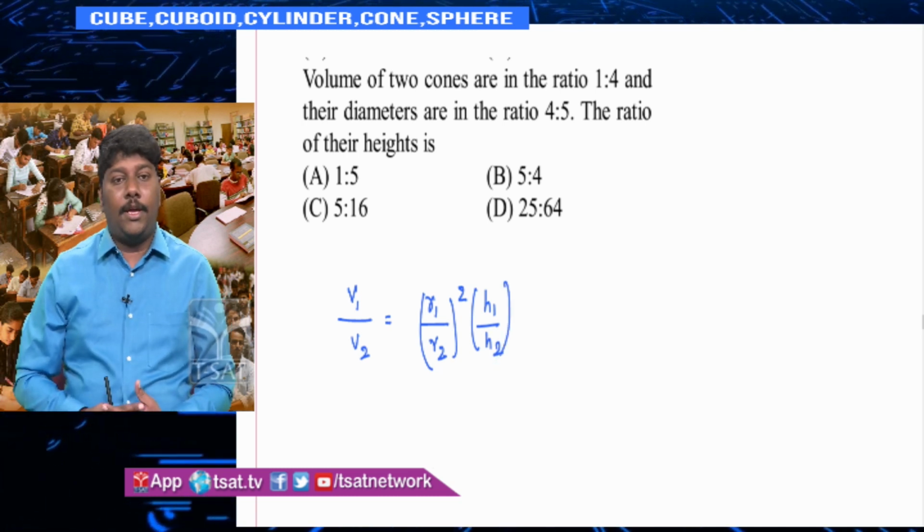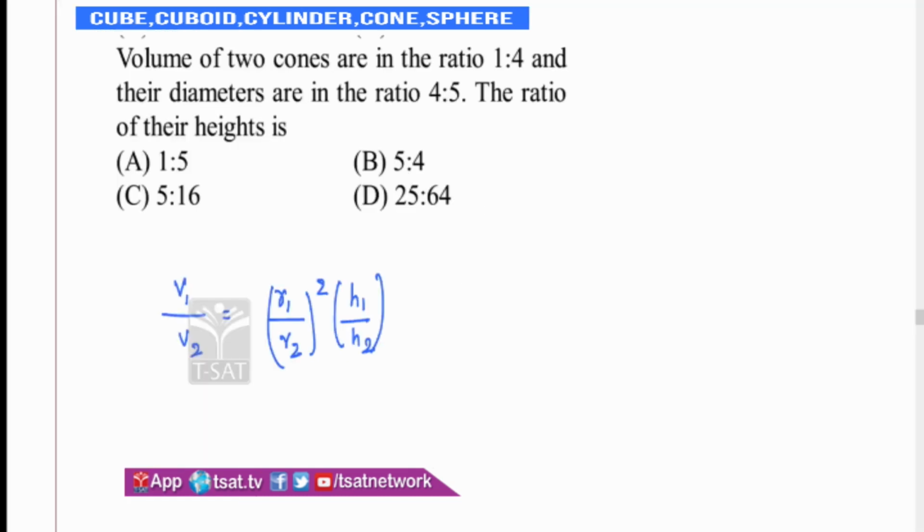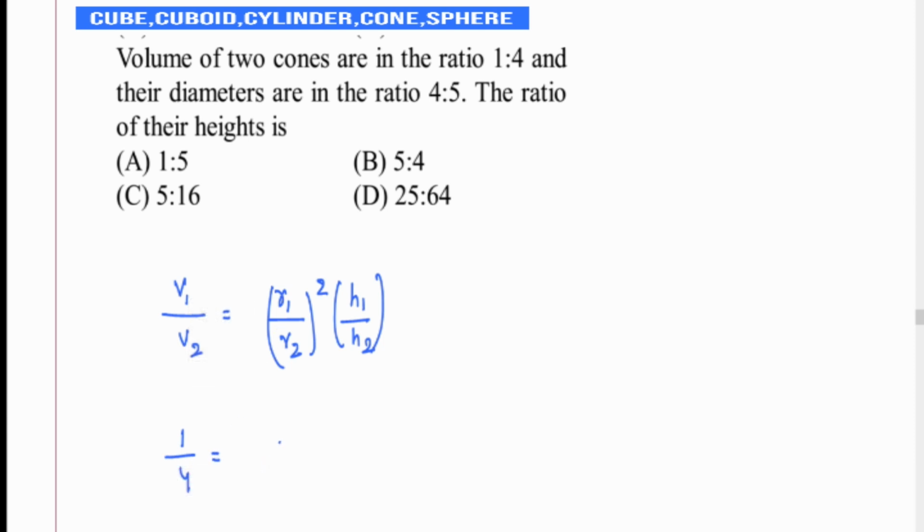Volume is given, 1 by 4. Now they have given you the ratio of the diameters. The diameters are in the ratio 4:5, which means the radii will also be in the ratio 4:5, so 16 by 25. Now what is the heights ratio?